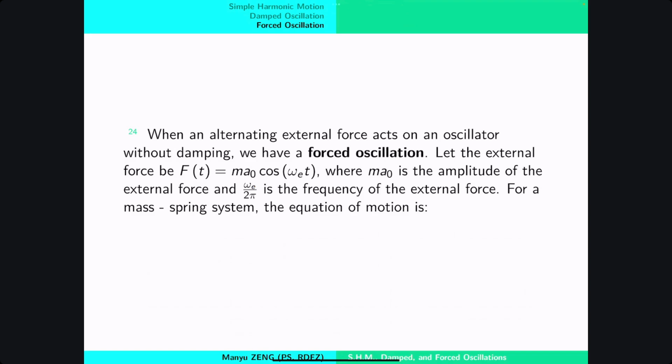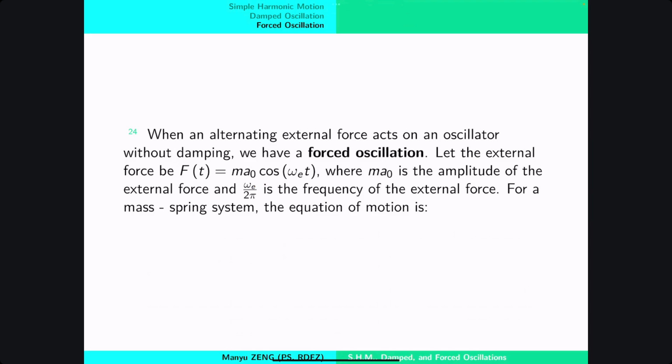this today. m a0 is the amplitude of the external force. So m is the mass of the mass spring system, and a0 is the maximum acceleration due to the external force, and omega e divided by 2 pi is the frequency of the external force.